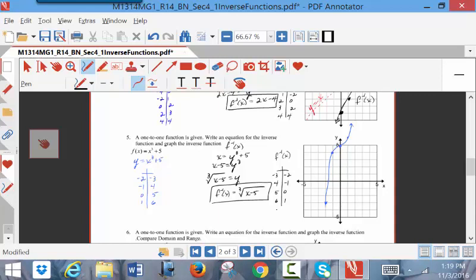I just interchange every one of those ordered pairs. So at negative 3, it's negative 2. At 4, it's negative 1. At 5, it's 0. And at 6, it would be 1. So it's going to look something like this.